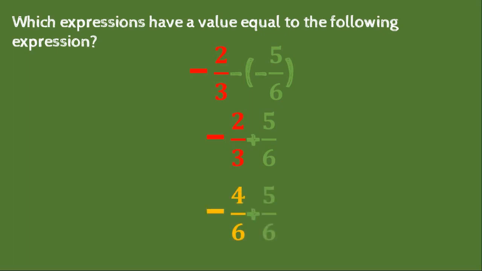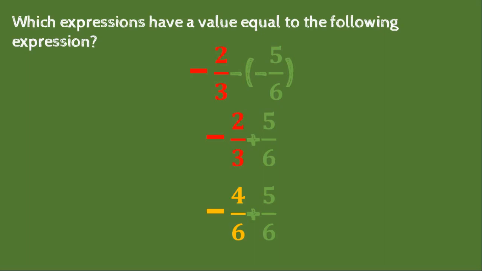We can continue developing this expression by saying that the equivalent fraction of negative 2/3 can be multiplied by 2, so it would become negative 4/6. 2 times 2 is 4, and 3 times 2 is 6. That would be an equivalent fraction, 2/3 and 4/6.